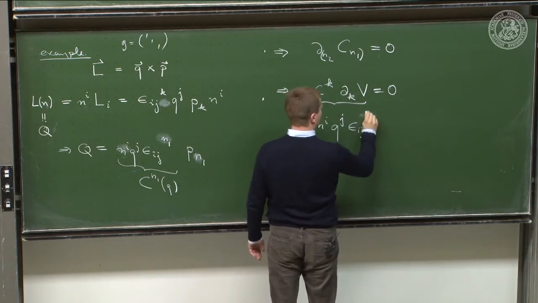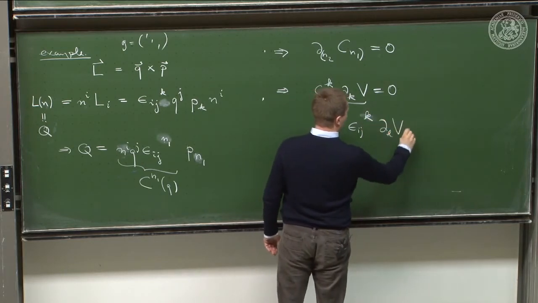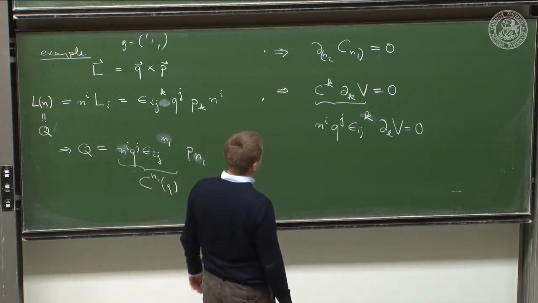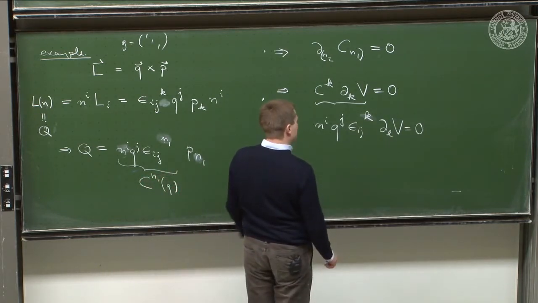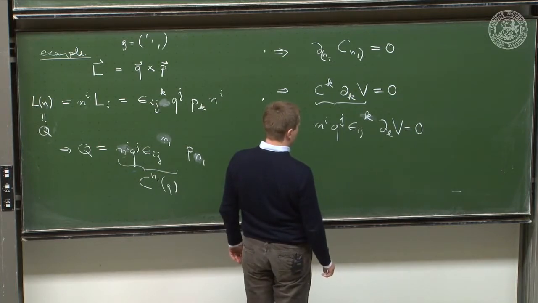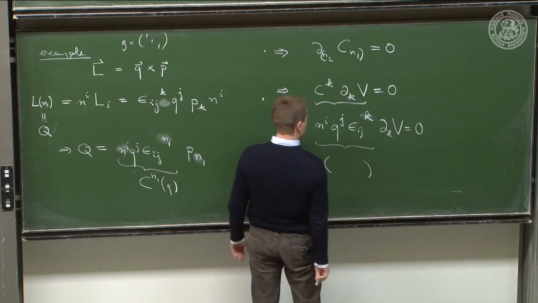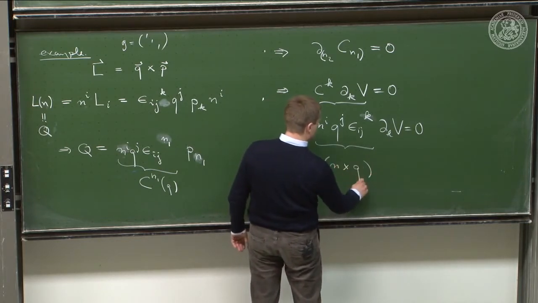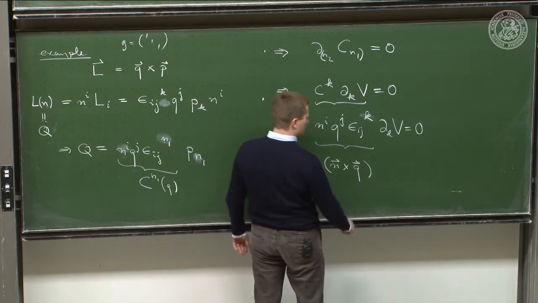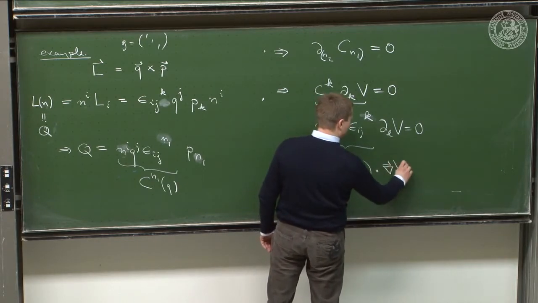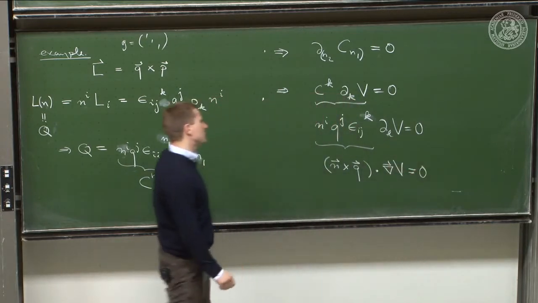Well, that's the k now again. Del k V equal to 0. And this is easily interpreted because ijk, right, because this guy here is the kth component of n cross q vector. The axis cross q is the kth component dotted into the gradient. So this is the gradient of the potential. This needs to be 0.